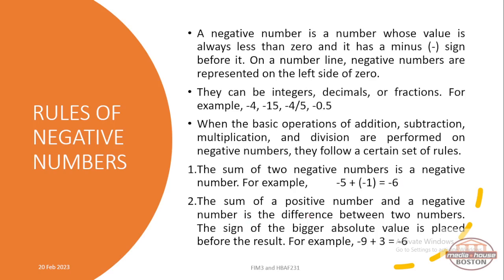But if the sum of a positive number and a negative number is being done, you take the difference between the two numbers, and the sign of the bigger absolute value is placed before the result. For example, here we have minus 9 plus 3, so the final answer will take the sign of the one with the biggest value, which is minus 9. So therefore we're going to have a minus 6. Using our financial calculator or scientific calculator, if you enter minus 9 plus 3, you're going to have a minus 6.